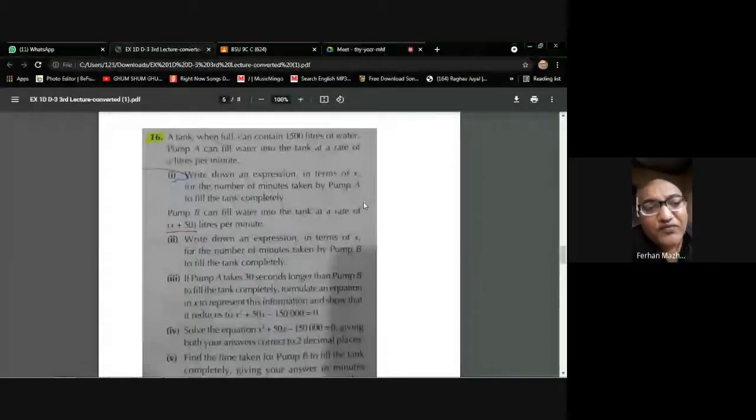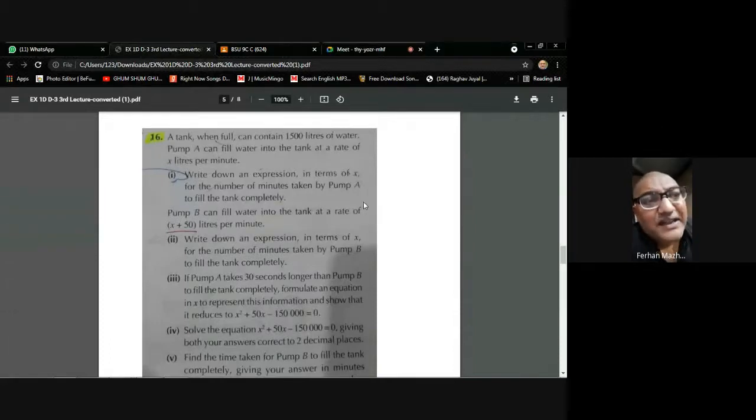It says write down an expression in terms of x for the number of minutes taken by pump B to fill the tank completely. So T2, the time for pump B to fill the tank, is volume divided by rate of flow, 1500 divided by x plus 50.